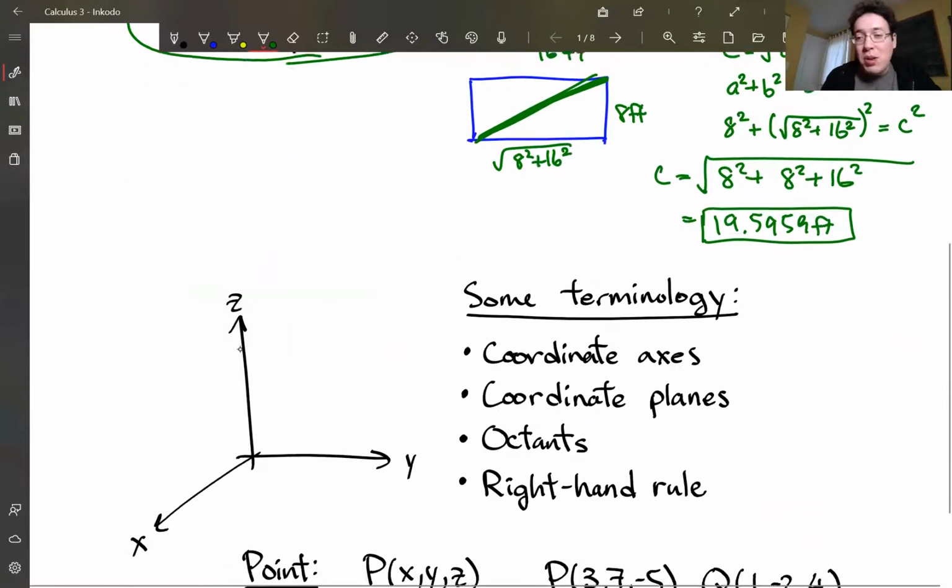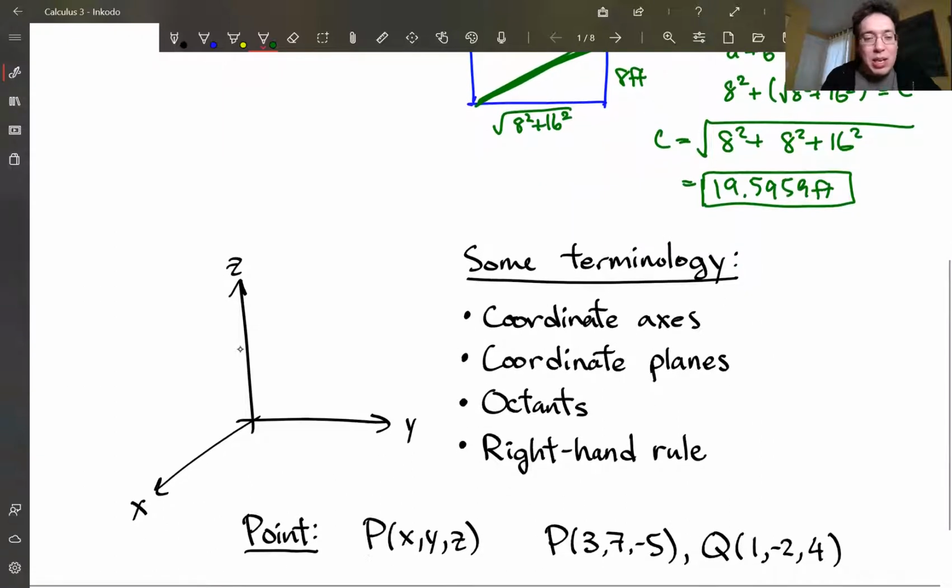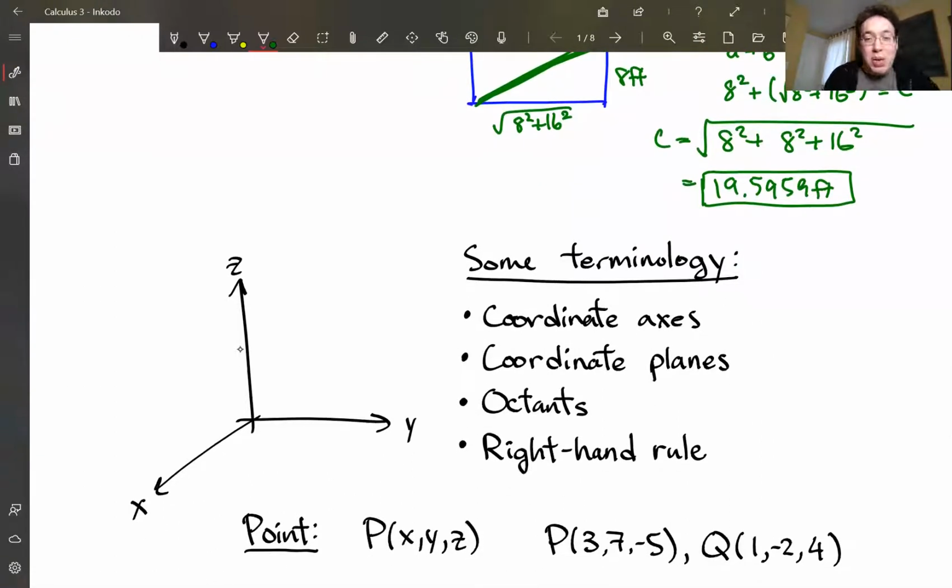Okay, so we're going to be doing some 3D geometry. So I want to give you some terminology. With 2D geometry, we usually work with Cartesian coordinates. So we would draw x and y axes like this, and usually drew figures or lines or functions, and then did some geometry on a two-dimensional plane like this.